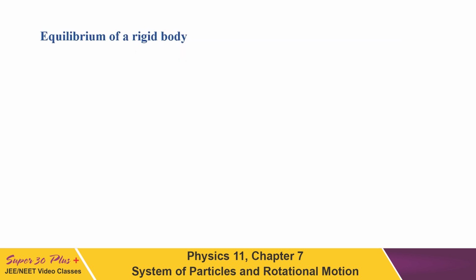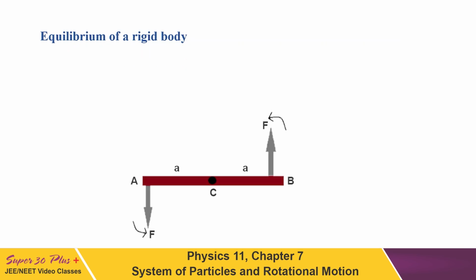Now I am going to consider one more subtopic, that is equilibrium of a rigid body. If you can recall, we had discussed equilibrium of a point in our chapter laws of motion, because that time for a point only translation motion has to be associated.